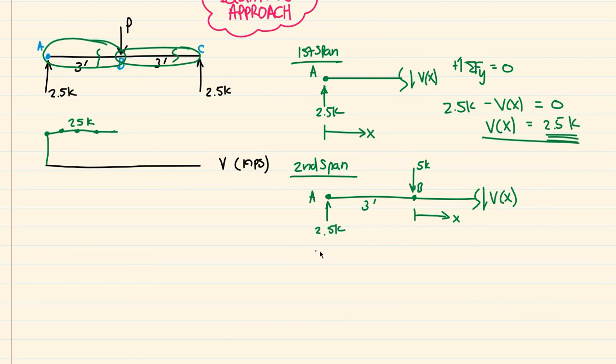Let's sum our forces in the y direction and set that equal to 0. Here we have a positive 2.5 kips, and then we have a minus 5 kips, right, because it's going down. And then I have this minus V of x, and that's equal to 0.